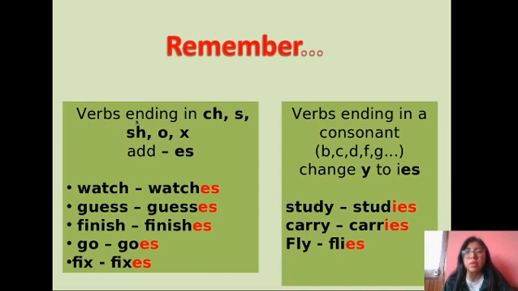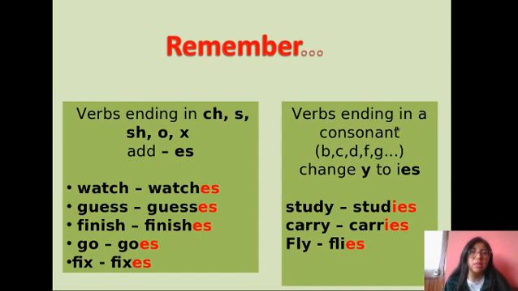For example, verbs ending in ch, s, sh, o, x, add es. Si su verbo termina en estas letras, you have to add es. Usted tiene que añadir esto, ¿ok? For example, watch, watches, guess, guesses, finish, finishes, go, goes, fix, fixes, ¿ok?